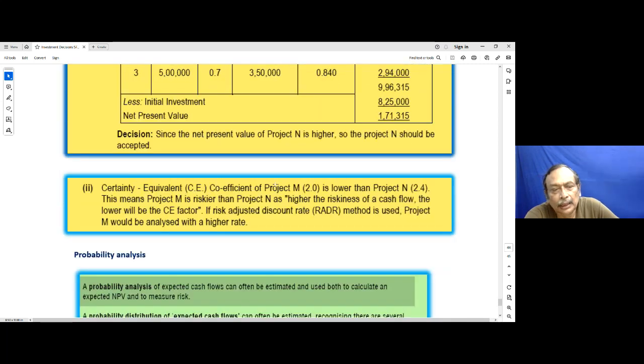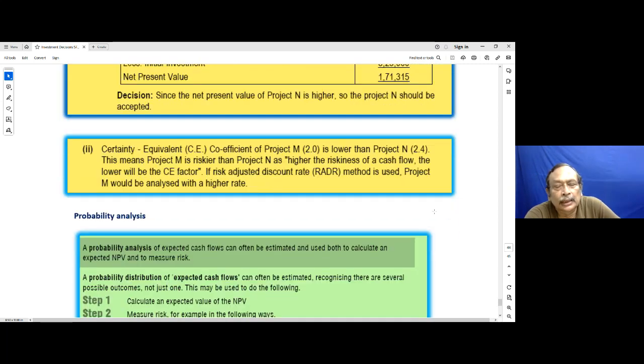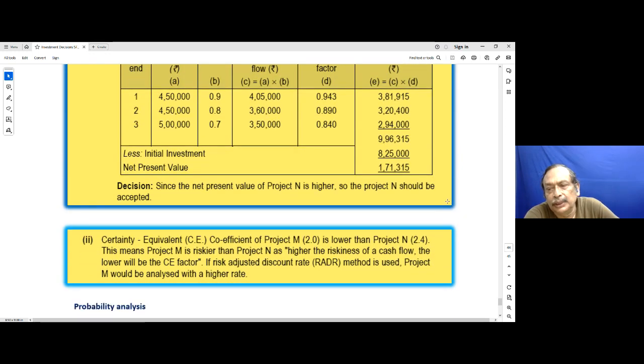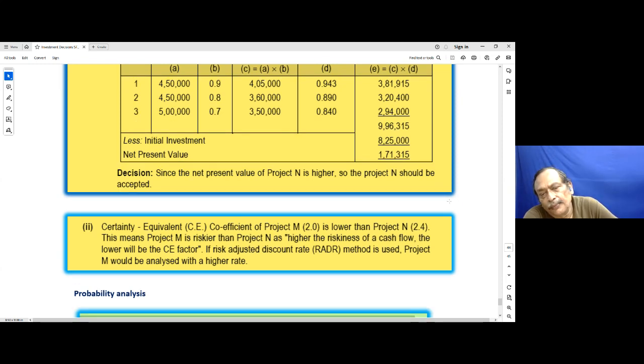Certainty equivalent coefficient of project M is lower than project N. This means project M is riskier than project N, as the higher the riskiness of a cash flow, the lower will be the CE factor. If risk-adjusted discount rate method is used, project M would be analyzed with a higher rate.